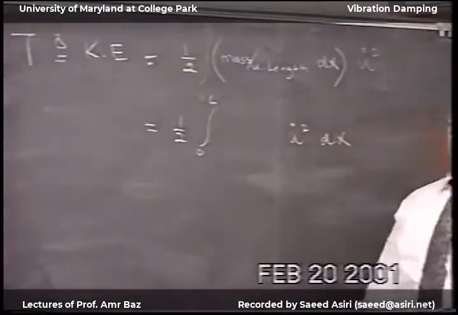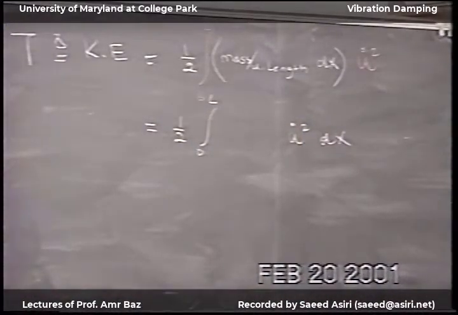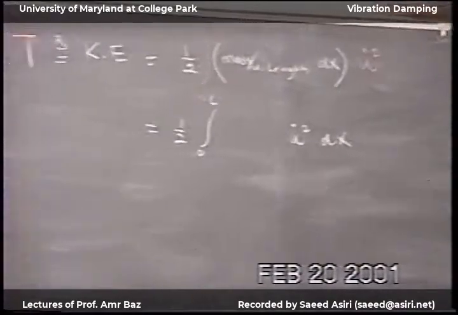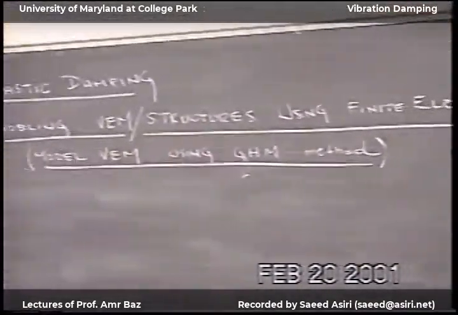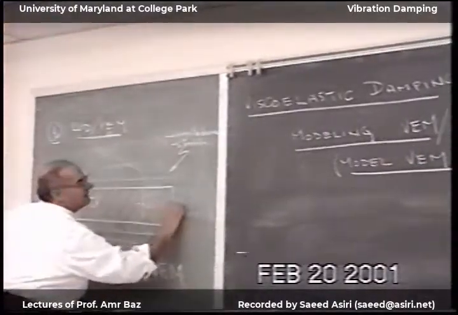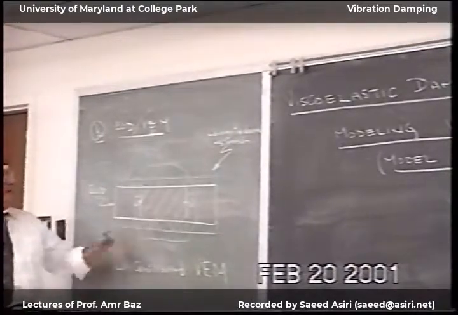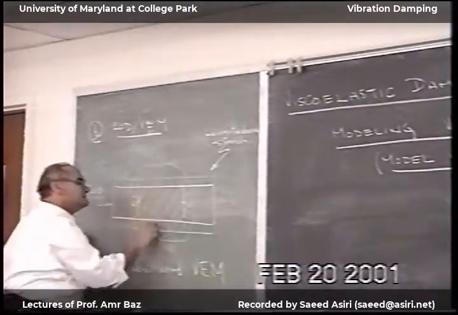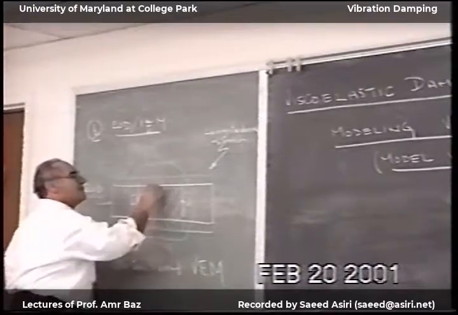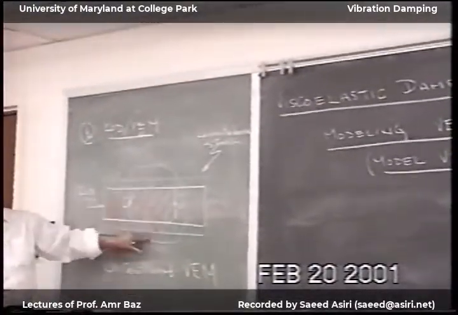The mass per unit length, I'm carrying with me, if I take an element here, dx, and this is dx. So when I look at this element, I'm carrying the parent structure and the viscoelastic material.